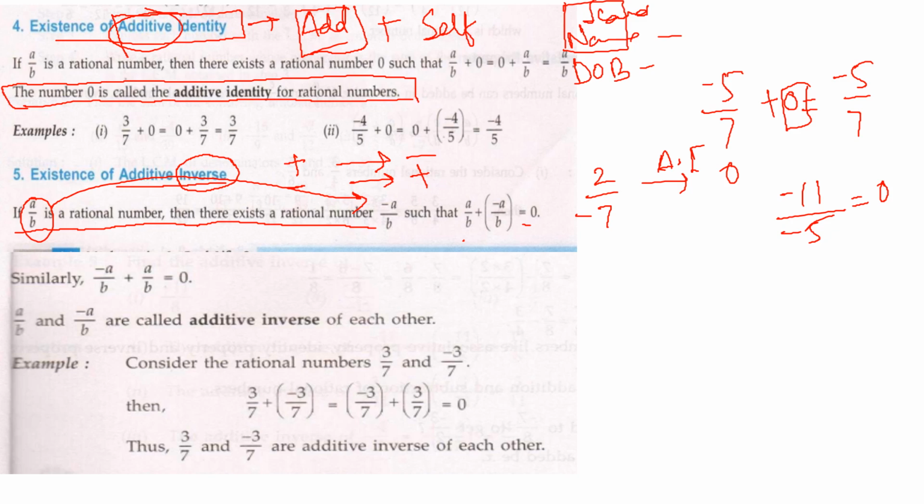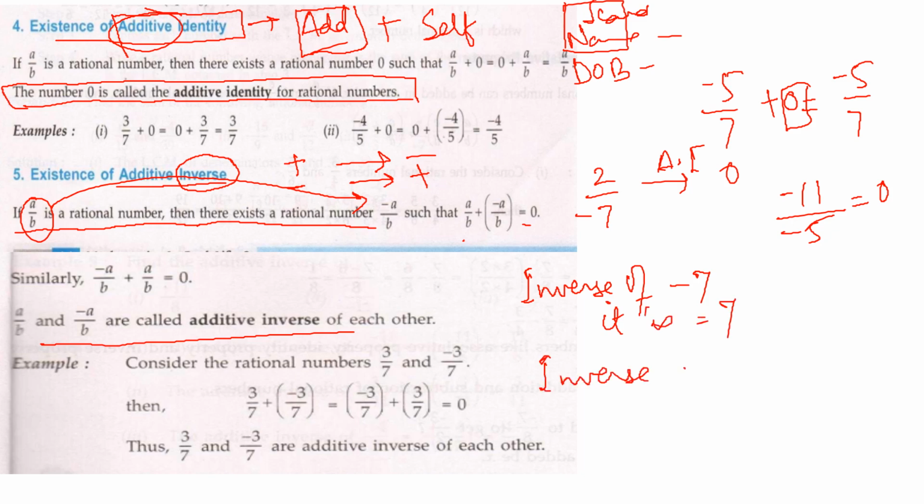Now if I am asking you the inverse of minus 7, what is that? It is 7. Inverse of 2 by 3, what is it? Minus 2 by 3.